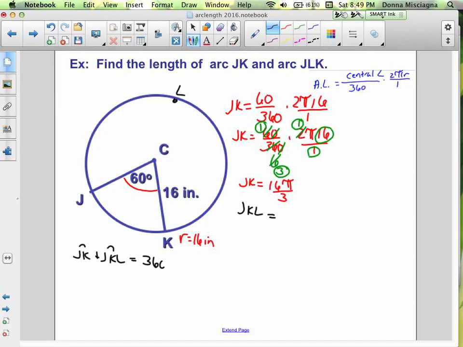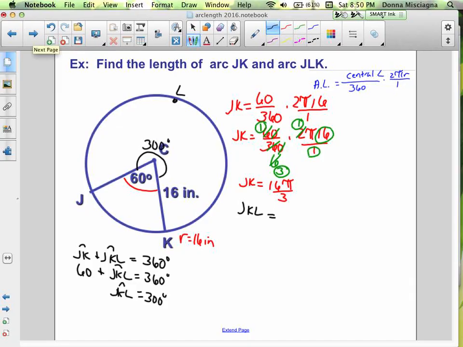They equal 360 degrees. We know JK is 60. If we subtract 60 from both sides, arc JKL is 300 degrees. So that's our central angle, 300 degrees.